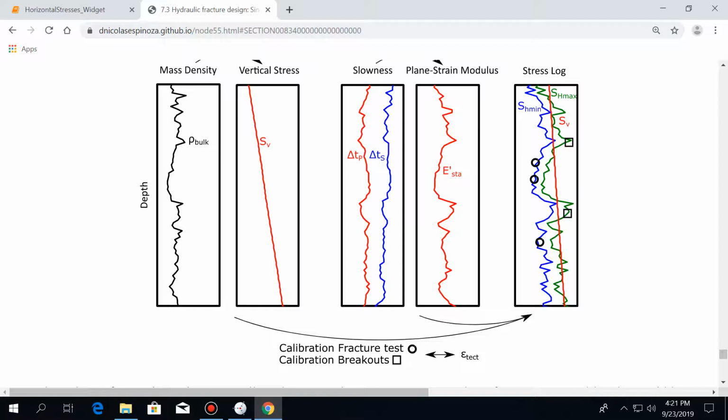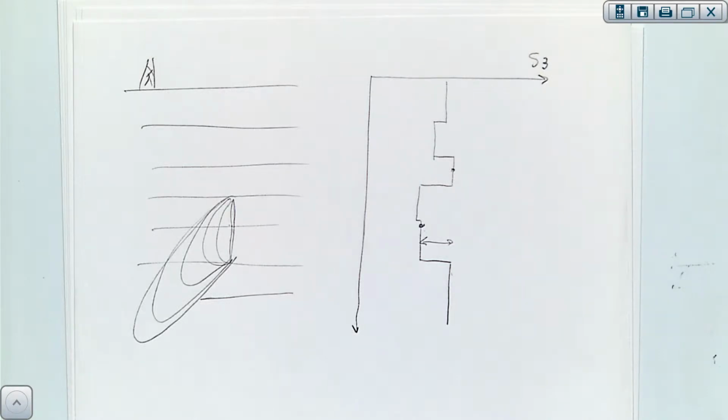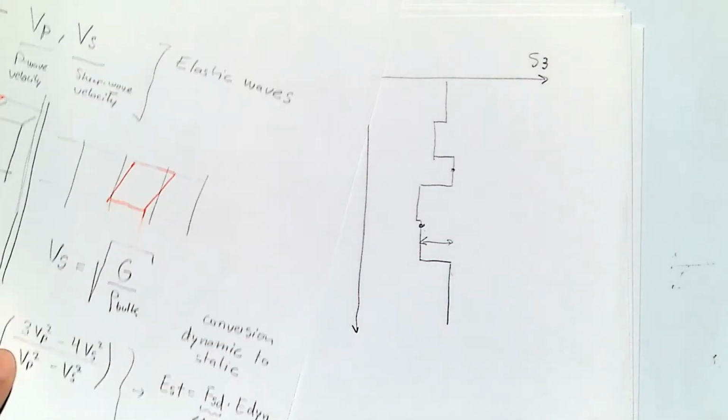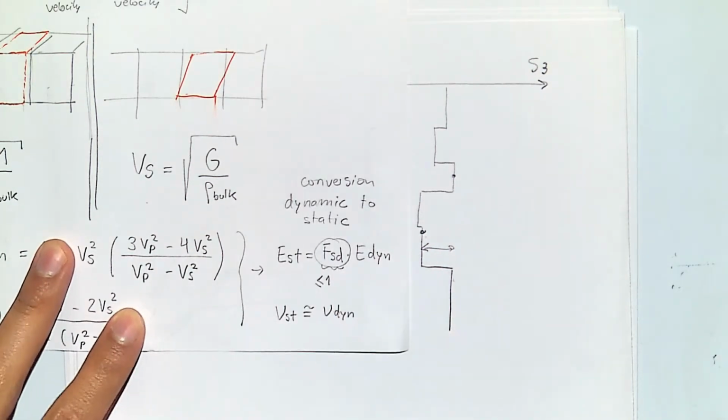Okay, so what we have seen so far then is the construction of these one-dimensional mechanical earth models, and something we didn't talk much about, I told you that we will discuss more today, is this parameter.